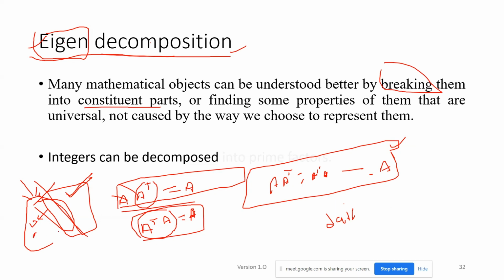Then we can say this matrix is an upper triangular matrix. We represent this as triu, triangle upper, of A. Then it generates the upper triangular matrix.